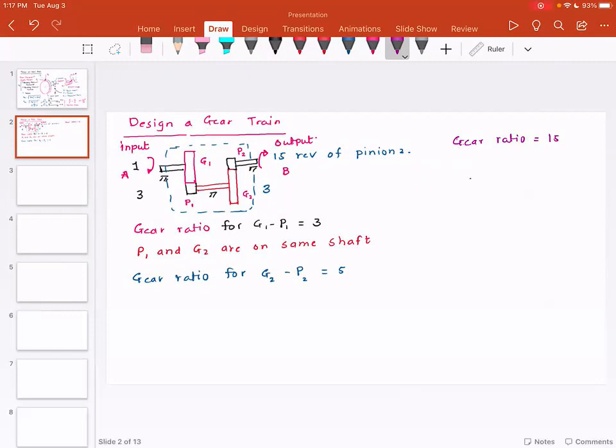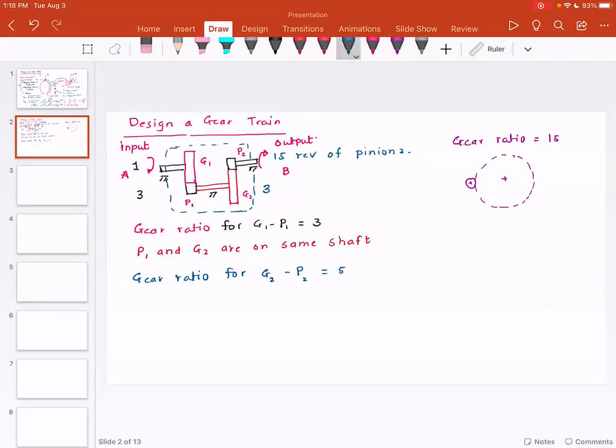That means if you were to visualize, it's going to be something like this. And we may not have space to accommodate these two because the gear is huge.